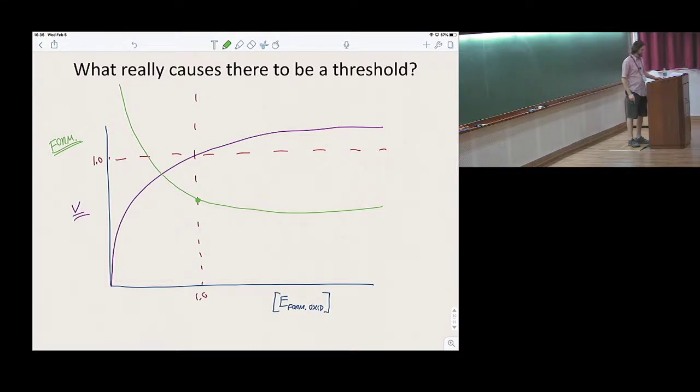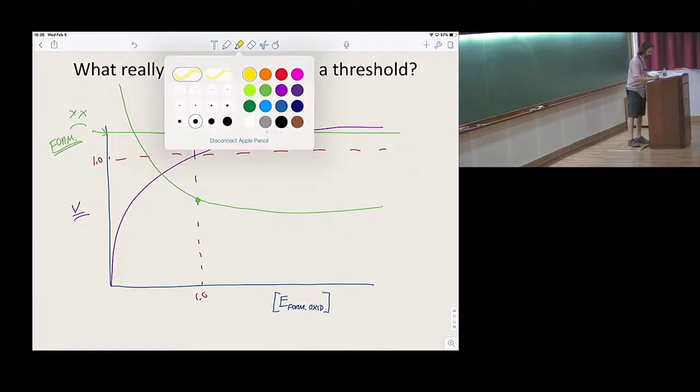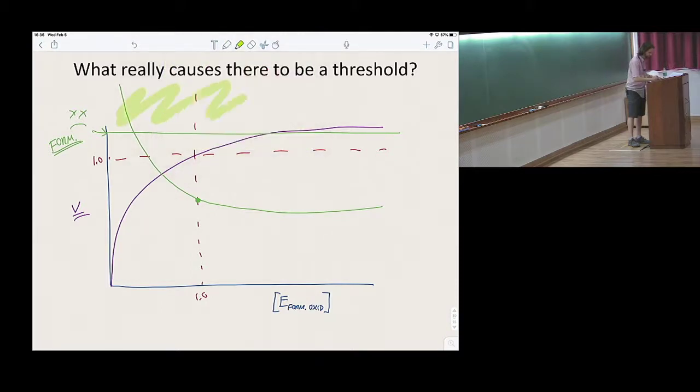So that's fine in the computer. Your computer doesn't mind. But what if the cells care? What if there's some threshold of formaldehyde above which you're dead, so that anything up here, you'll be dead?